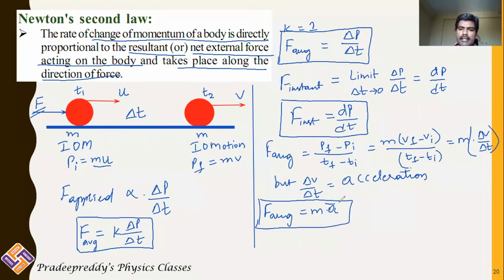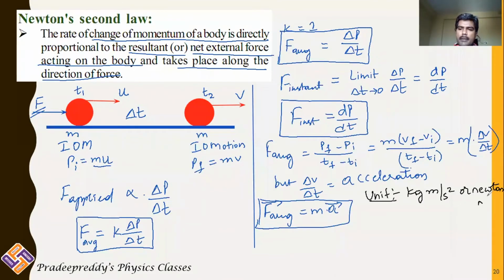And remember, acceleration is a vector quantity, force is also a vector quantity. Now you can write down unit of force. Mass has unit kg. Acceleration has unit meter per second square, or you can simply write it as Newton.